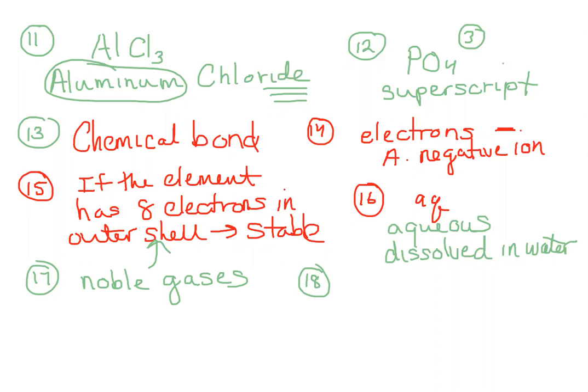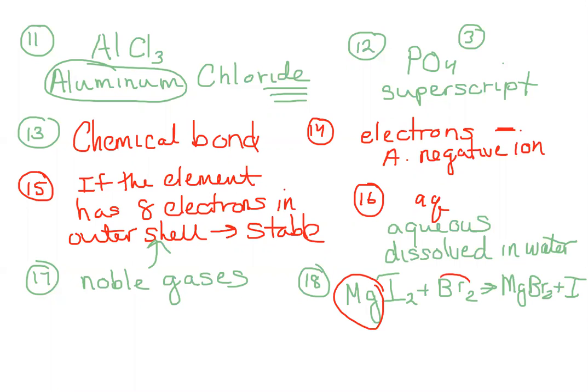What type of chemical reaction is this? I2 plus Br2 yields MgBr2 plus I. I think this is the same as what we talked about before. The magnesium and the bromine are changing places. No, they're not.